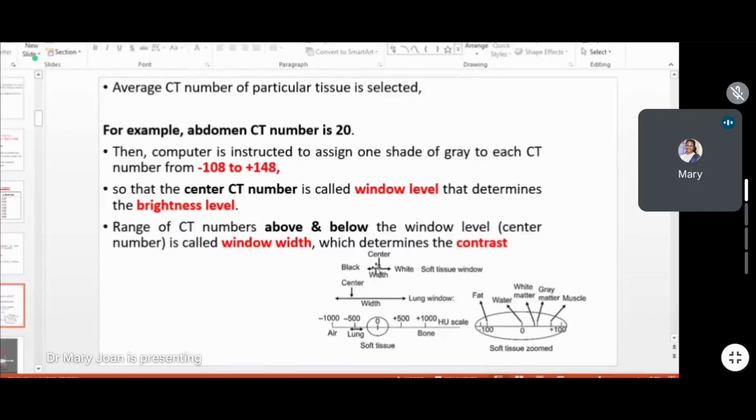So that is what is shown here. If this is the window width, the center point is the window level. And here we can see that for the soft tissue window, the window width is lower, and for the lung window, the window width is higher.